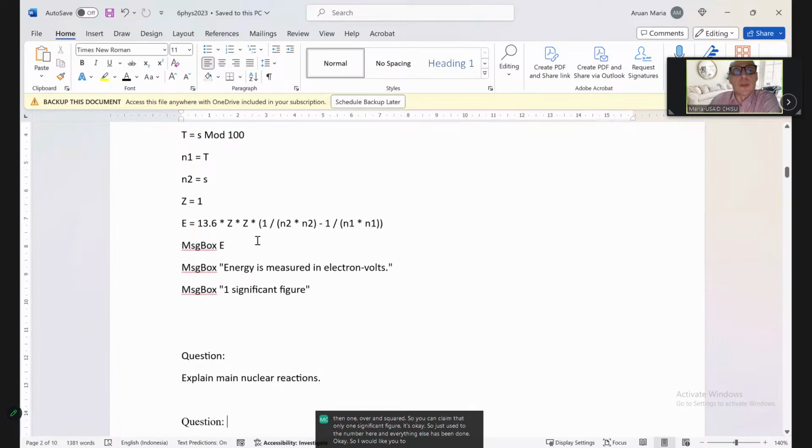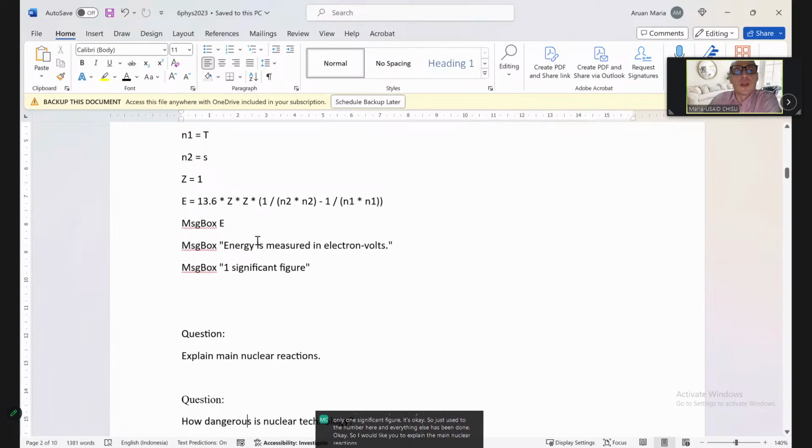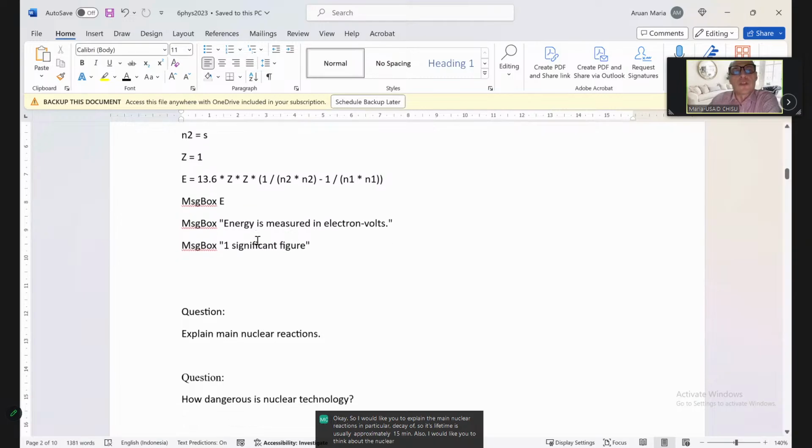So I would like you to explain the main nuclear reactions, in particular decay of neutron. Its lifetime is usually approximately 15 minutes. Also, I would like you to think about the nuclear technology and how safe, how dangerous, how safe is nuclear technology?